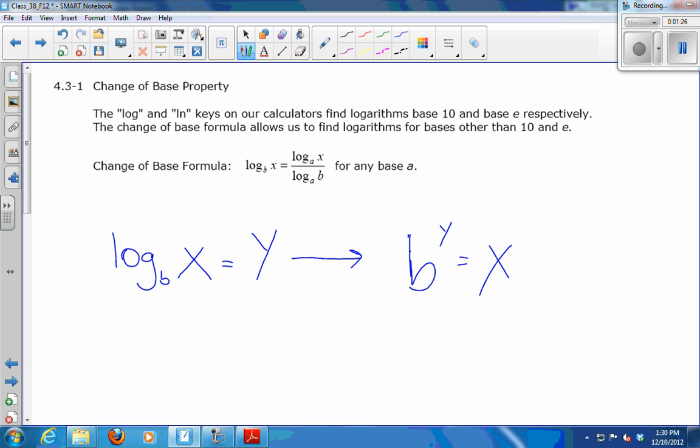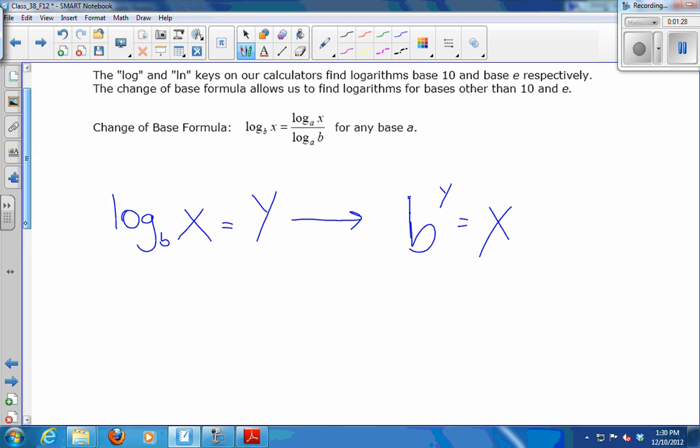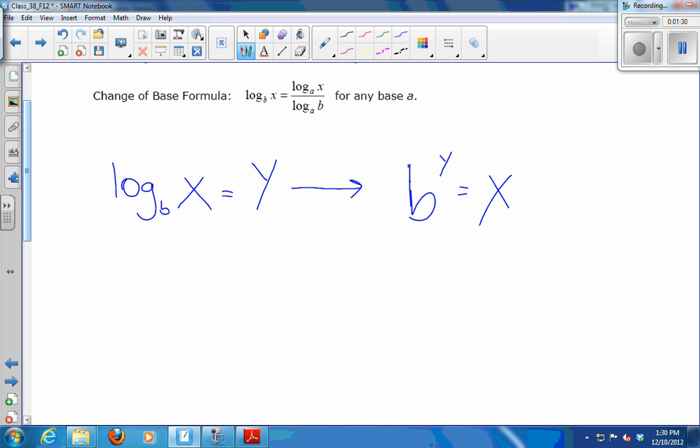Okay, so now let's say I want to solve this equation for y. I want to know what y is. That's the whole thing. I don't know what this is, trying to figure it out. So to solve this thing for y, I could take the log of both sides. That's like one of the most fundamental things you learn in an algebra class. Do the same thing to both sides, right?